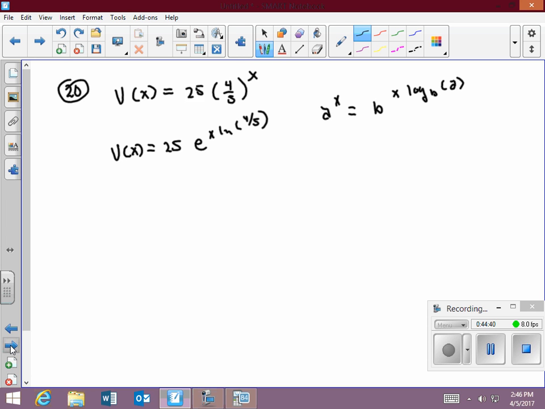Use the properties of logs now. This would be what it would be when you changed it to base e from base 4/5.